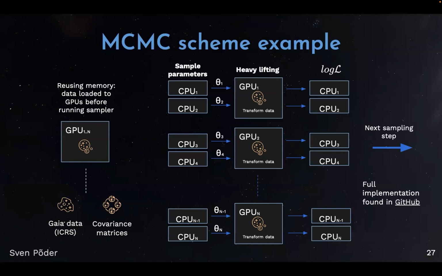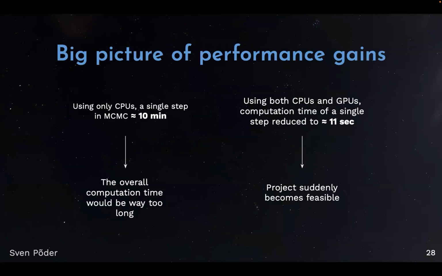So at the end, it turned out great. Because using only CPUs, each step of the Markov chain Monte Carlo took 10 minutes, and we didn't have time to wait for it. Also, imagine the MCMC had to run through thousands of steps.